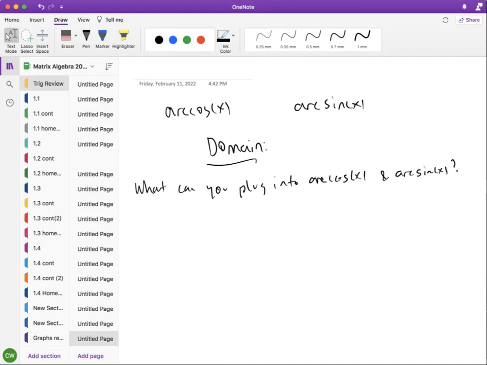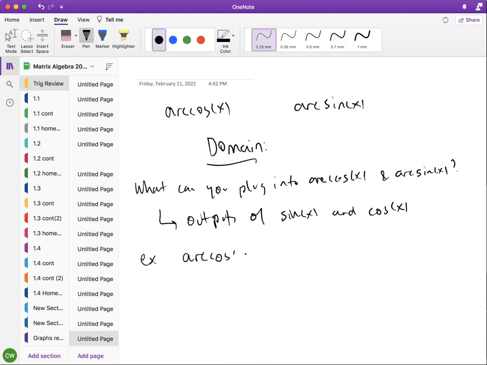Well, what is the only answer? You can only plug in outputs of sine and cosine. So if something is not an output of sine and cosine, you cannot plug it into arc cosine, arc sine. So for example, arc cosine of 2.